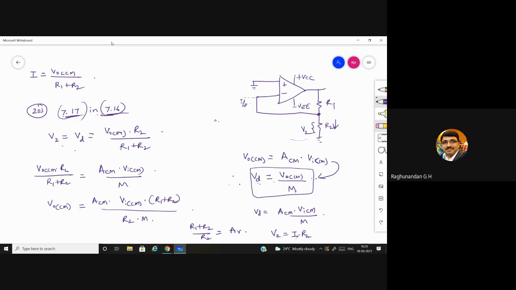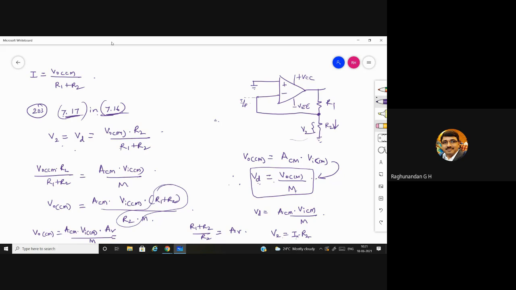We consider it as the amplifier gain, AB, so we replace this with AB. So we get V0 of CM is equal to ACM into VI of CM into AB divided by M.